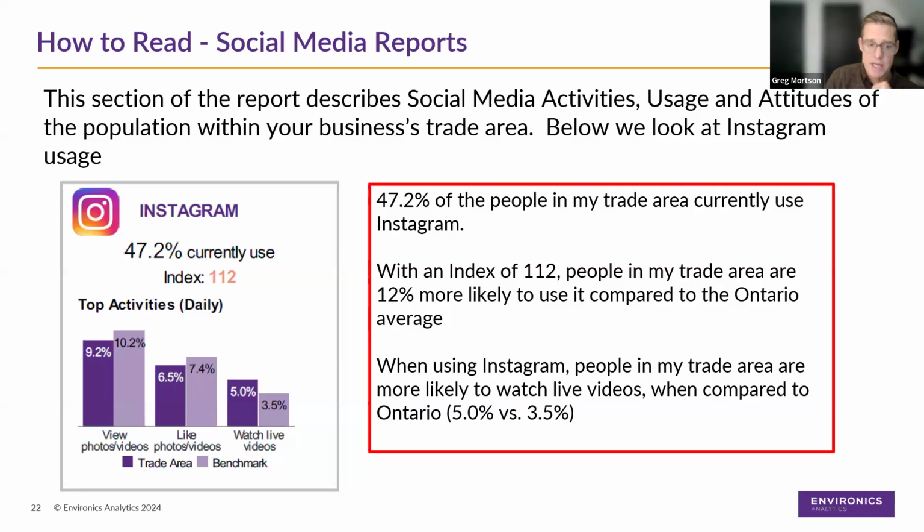So 9.2% of people in the trade area view photos or videos, 6.5% like photos and videos, and 5% watch live videos through Instagram. And you can see how that compares to Ontario, which are those lighter bars in these charts. So it gives you an indication of what the behaviors are in these different channels and how that compares to Ontario, what makes people in my trade area unique.